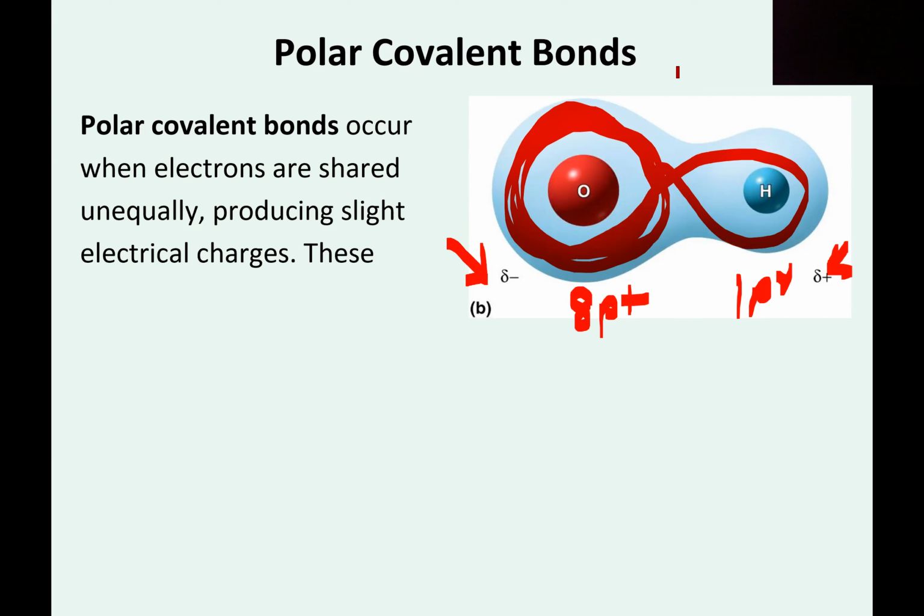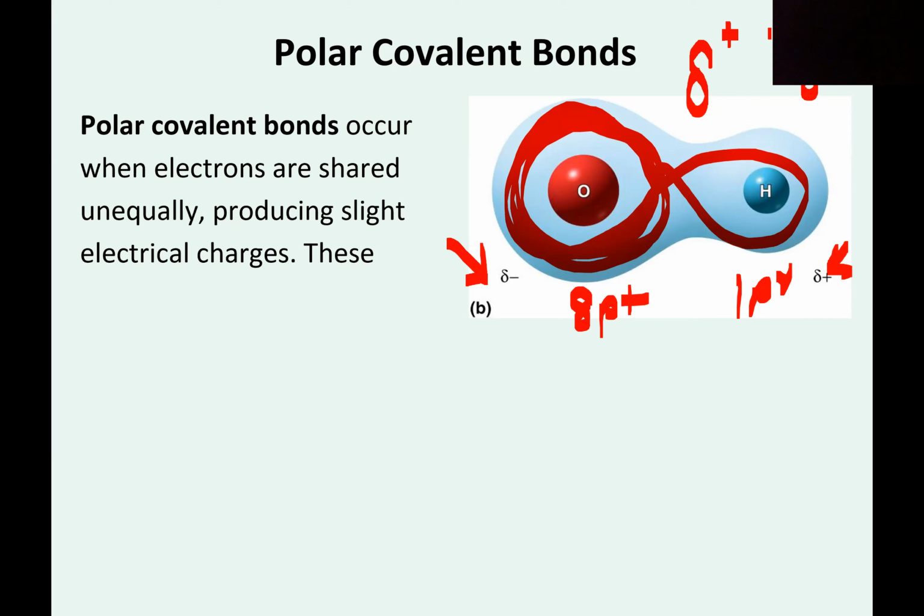The slight symbol looks like the number 8, you just don't close the top, and then you put a plus or a negative next to it. You have to remember to put those symbols on water. Water will be the only polar covalent molecule that you have to draw. Again, water is the only polar covalent molecule.